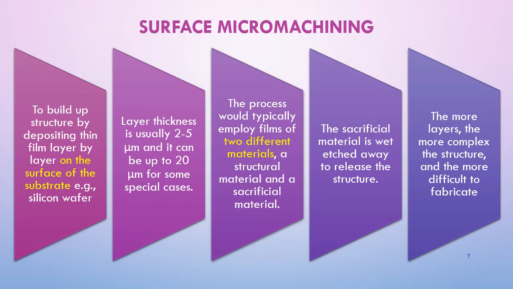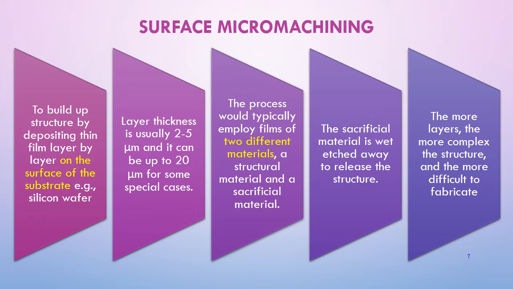This process employs films of two different materials. There are two types of material. One is the structural material, the final material that we want to use. Another one is what we call the sacrificial material. This sacrificial material will be etched away, and then we release the final structure that we want.